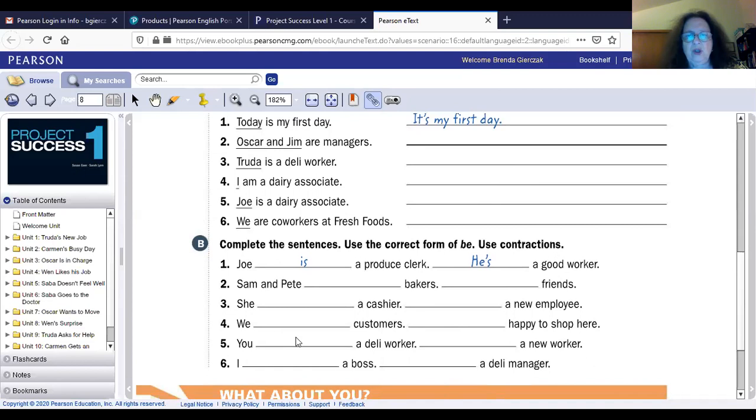Number 5 would be you are a deli worker. You're, Y-O-U apostrophe R-E, a new worker. And then number 6 would be I am a boss, period. I apostrophe M, a deli manager.